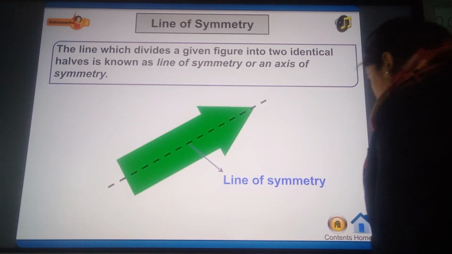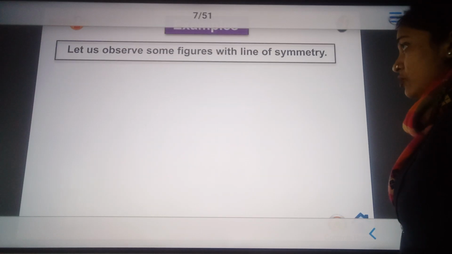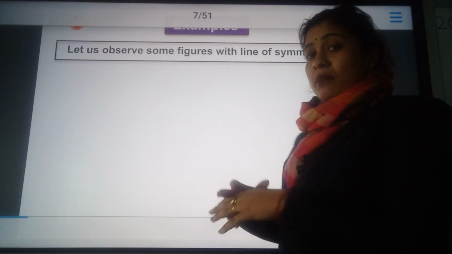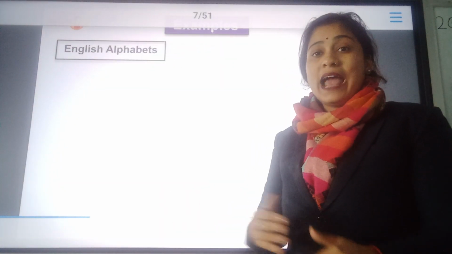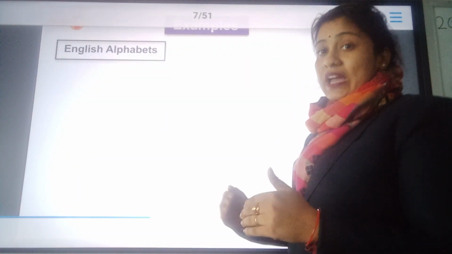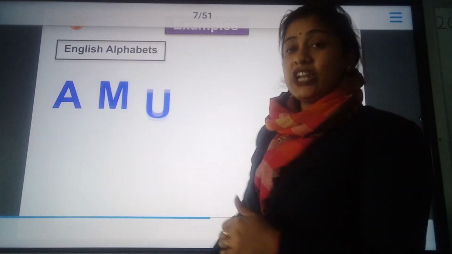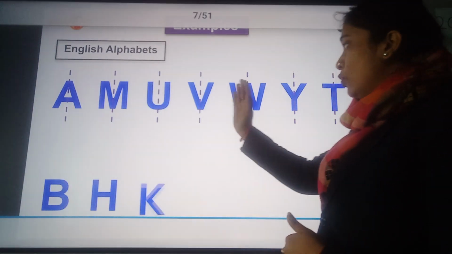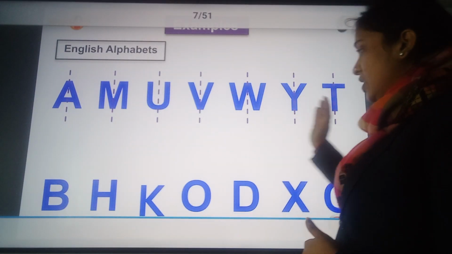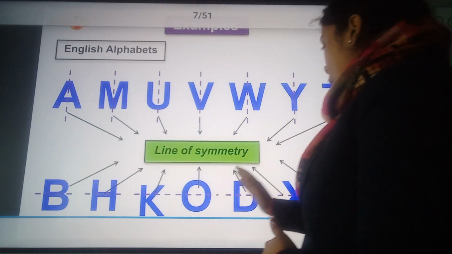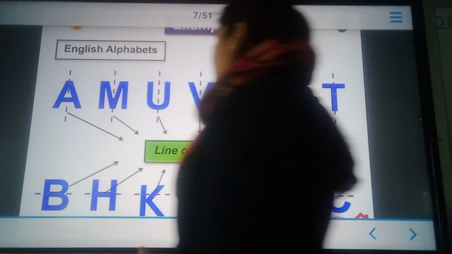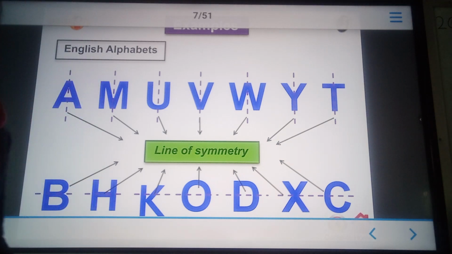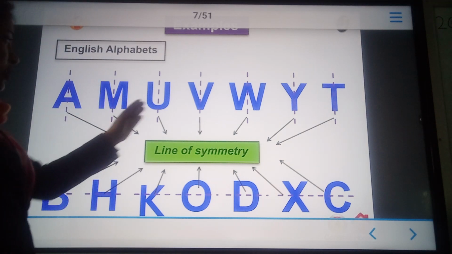Is that clear? So we have a line of symmetry with various shapes and figures. We have symmetry with some of the English alphabets. Let's go with that. What are those? A, M, U, V, W, Y, T, B, H, K, O, D, X, C. Can you see, in some of the English alphabets we have a vertical line of symmetry.